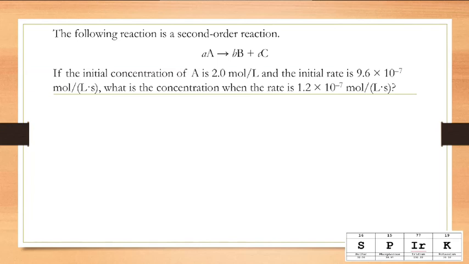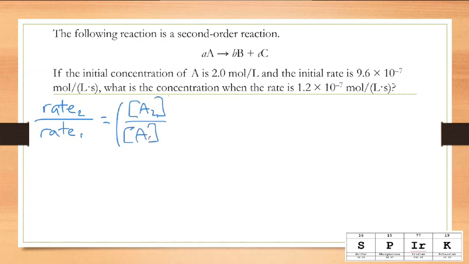So we still have, if you remember from the last problem, rate 2 again. I'm just choosing to put rate 2 on top because this is going to be easier for us in the long run. So rate 2 divided by rate 1 equals the concentration of A2 divided by the concentration of A1, raised to the x.